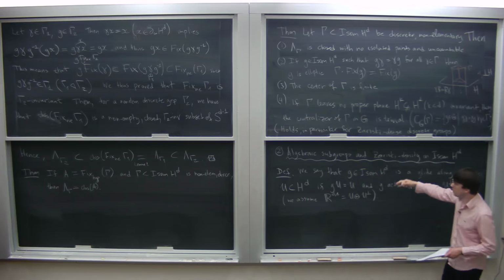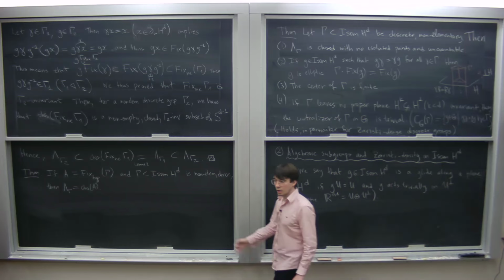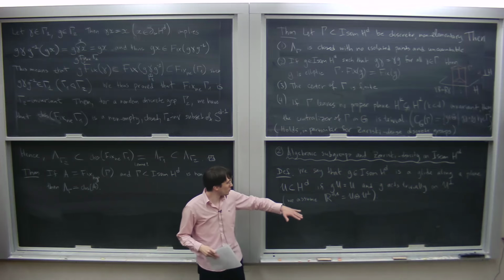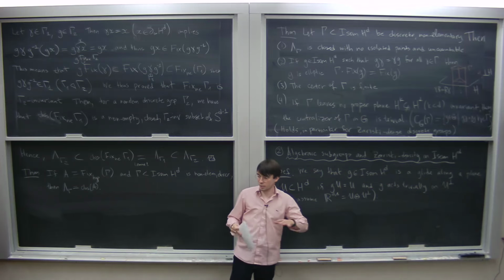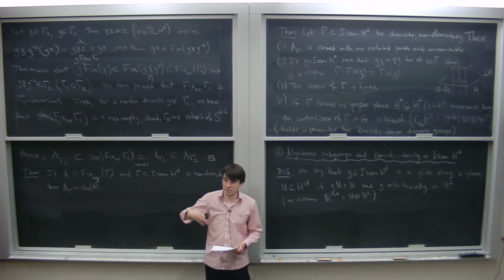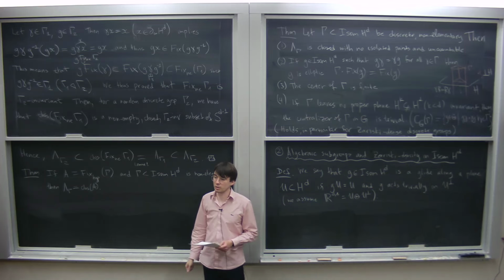In fact, you can start from some plane and some isometry acting precisely in this plane, and then extend it to a glide in the entire hyperbolic space.